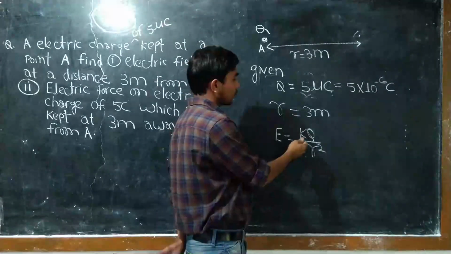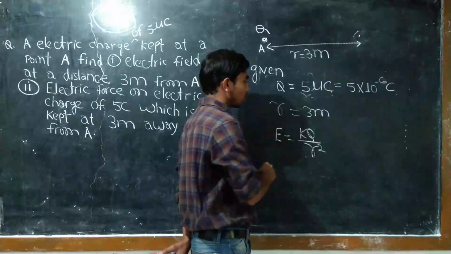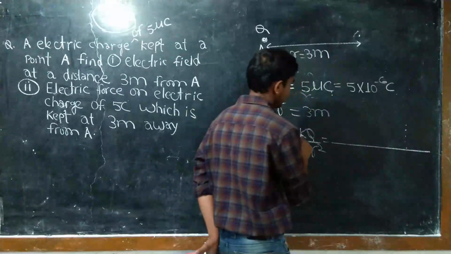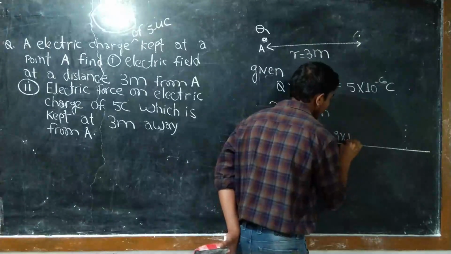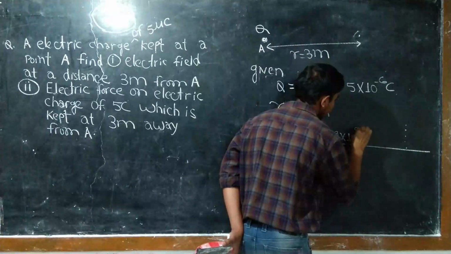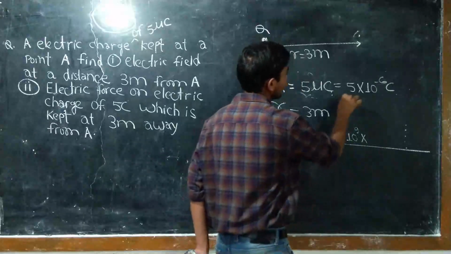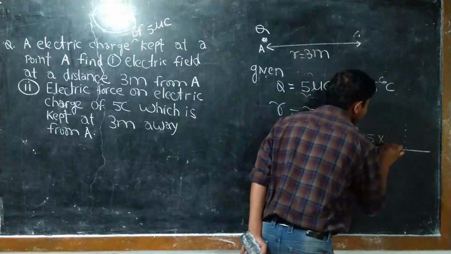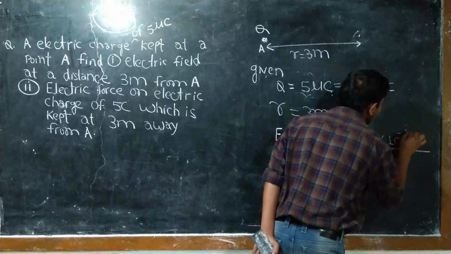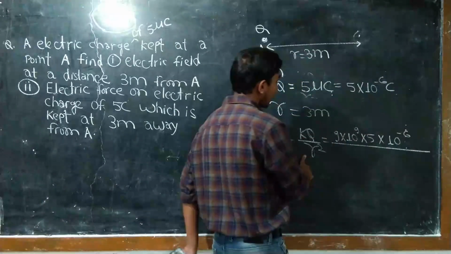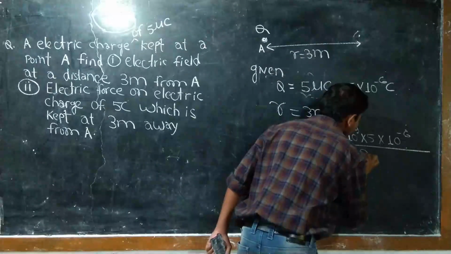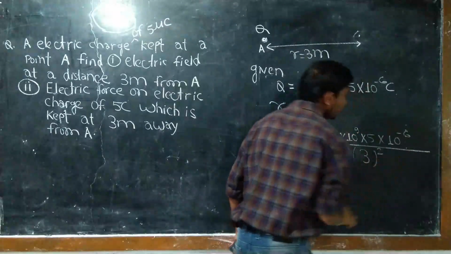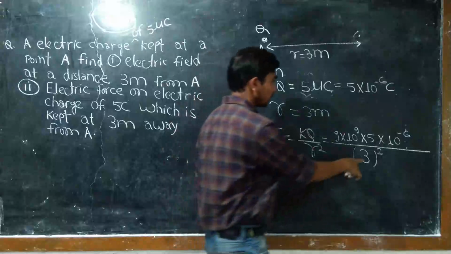Now I am going to substitute all those values in this formula. K is 9 into 10 to the power 9. Q is 5 into 10 to the power minus 6. And R is 3, so 3 square is 9.